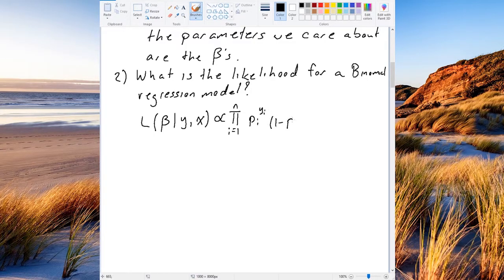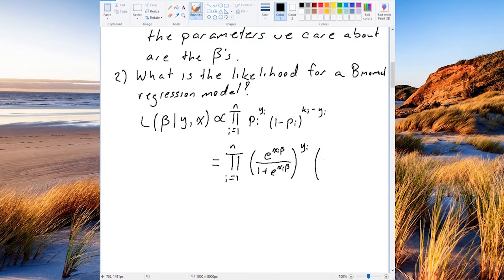times 1 minus pi to the ki minus yi, which is going to be the same as saying, if I substitute in for my pi's, e to the xi beta over 1 plus e to the xi beta, that all to the yi power, because that term in those parentheses there is pi for us.